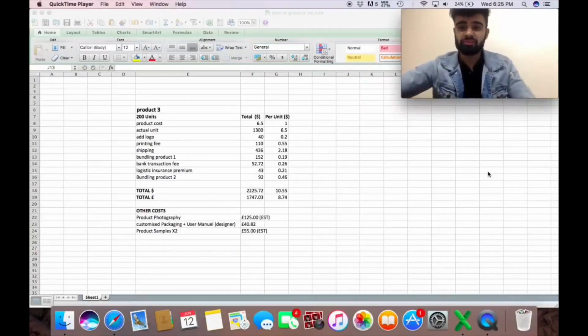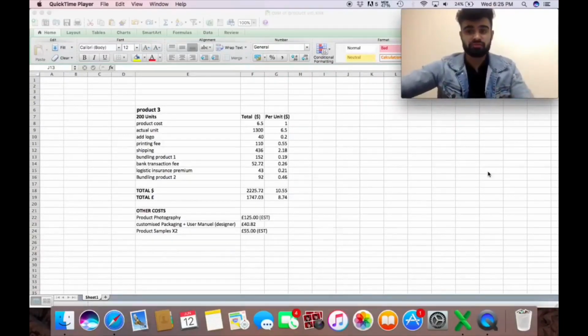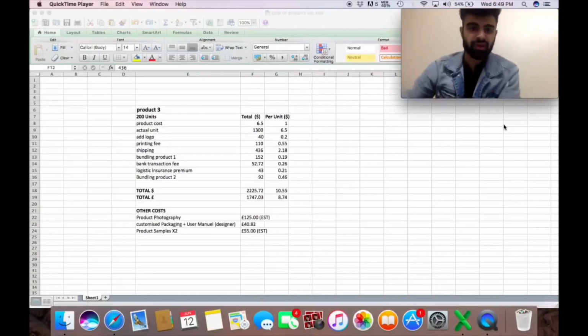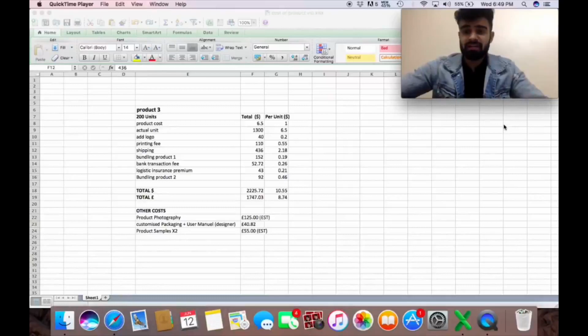The reason why they charge you $40 or so to print your logo is because it takes their time and effort, and it might also cost them some printing fee. I also had to pay $110 for the printing fee, which consists of customizing the design of my packaging of the box and the user manual guide.